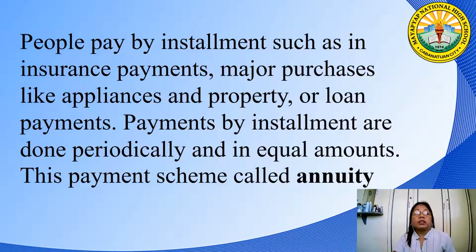Payments by installment are done periodically and in equal amounts. This payment scheme is called annuity. So annuity and the types of annuities are the lessons that we are going to discuss today.